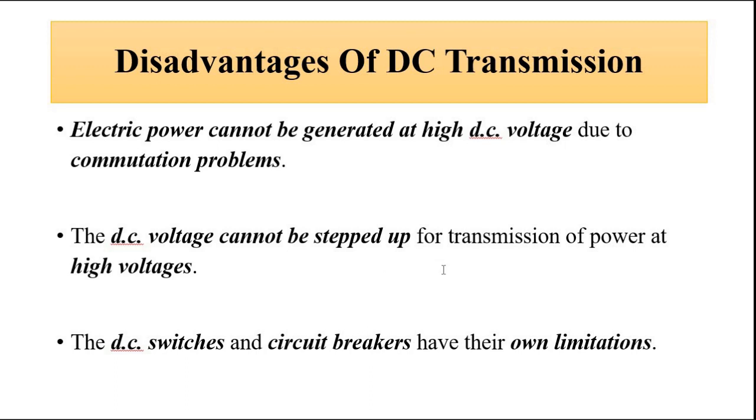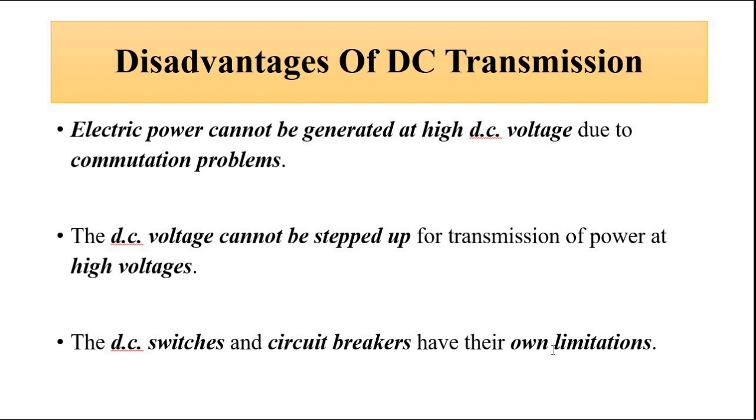Again, stepping up and stepping down cannot be done for DC voltages at high voltages, again because of operational complexities. And the switches and circuit breakers that are used in DC transmission systems have their own limitations, again because of constructional complications.